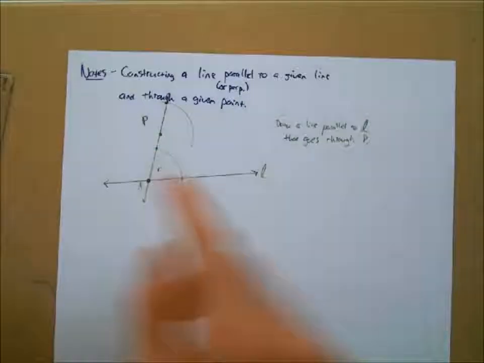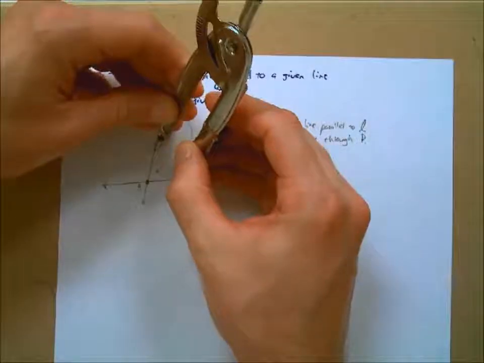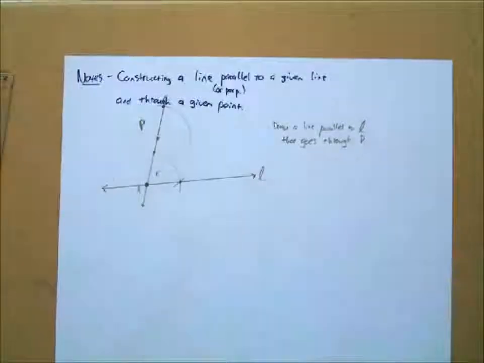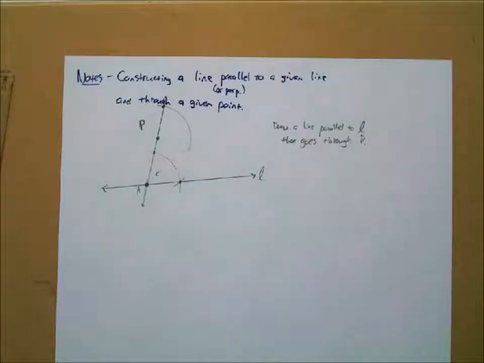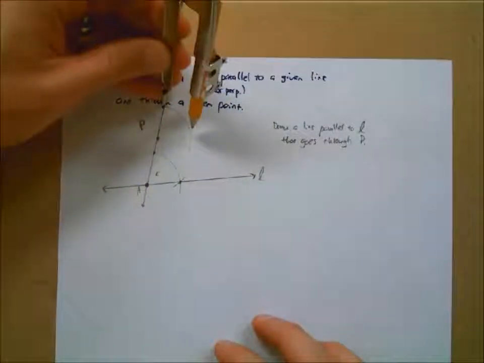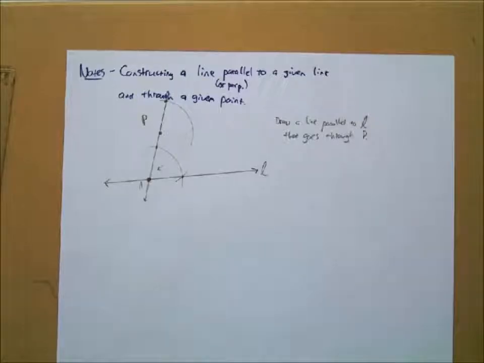Well, like we did before, we'll measure the distance between these 2. And then mark it off. So again, measure the distance between those 2. Mark it off, and then we'll do the same measurement up here.